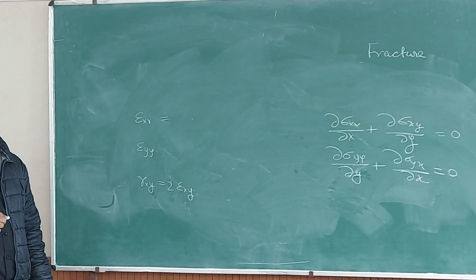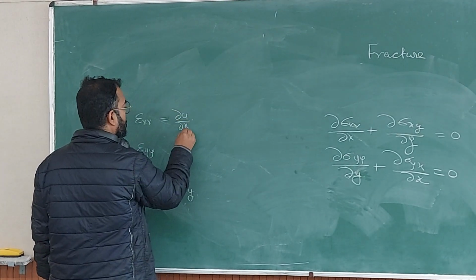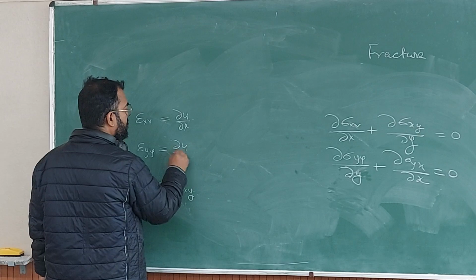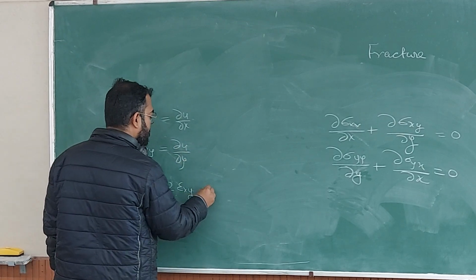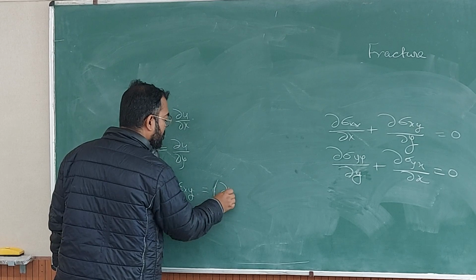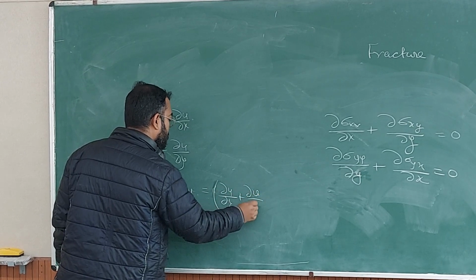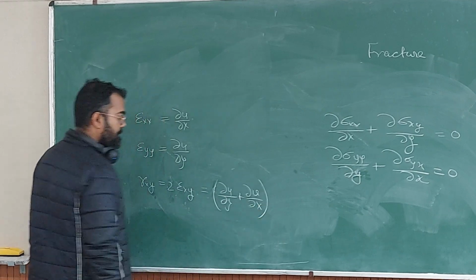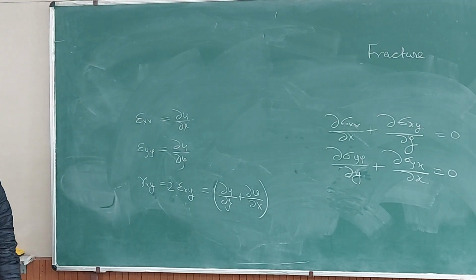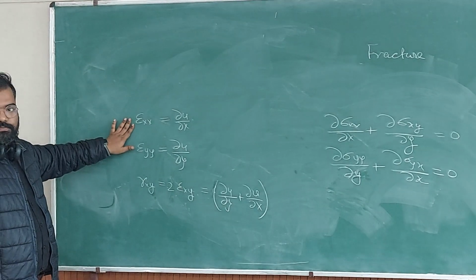Del u by del x, right? And gamma xy is del u by del y plus del v by del x. This much we know. For strain compatibility, you have to take the double derivative of this.